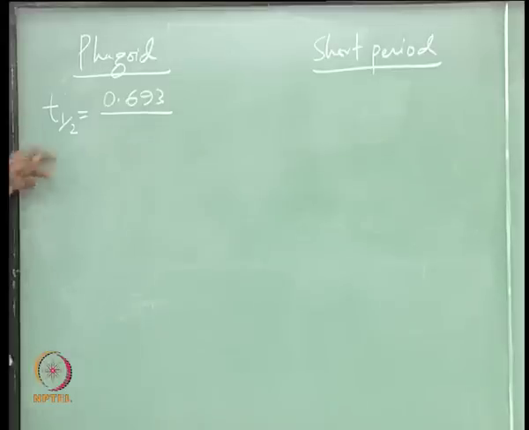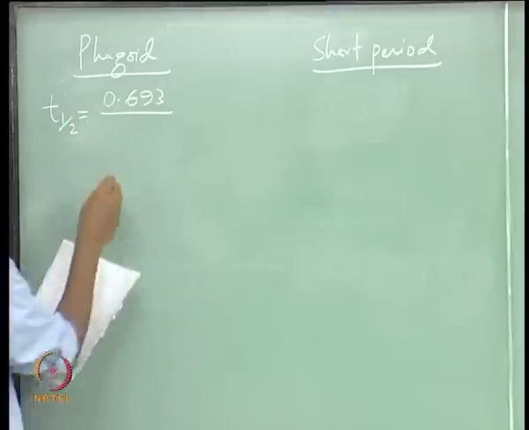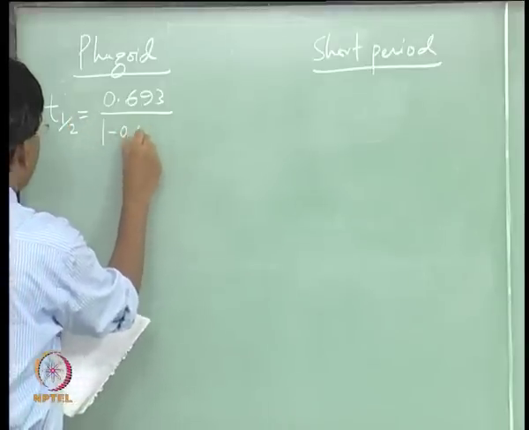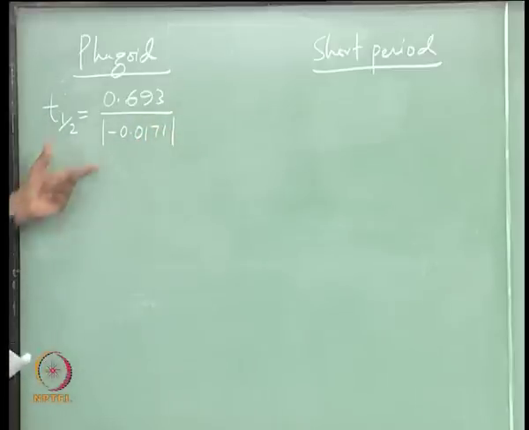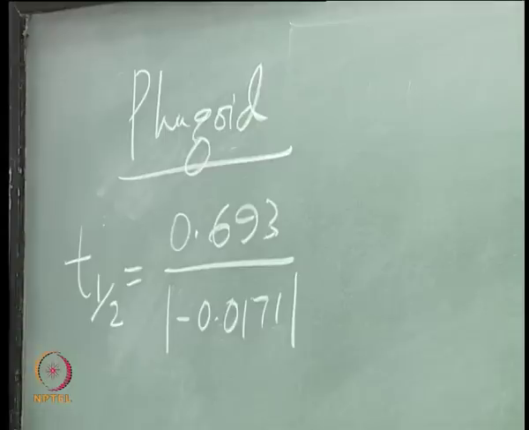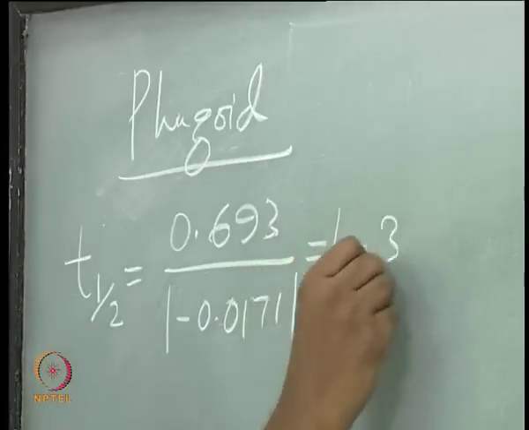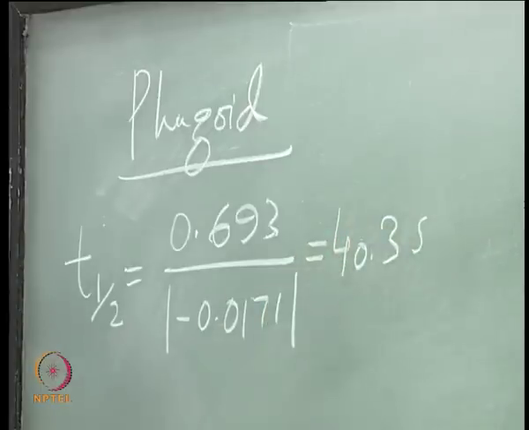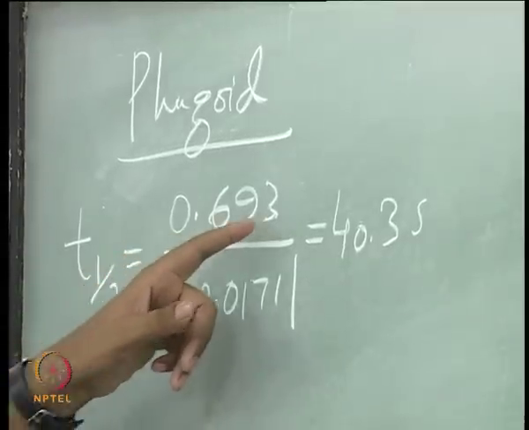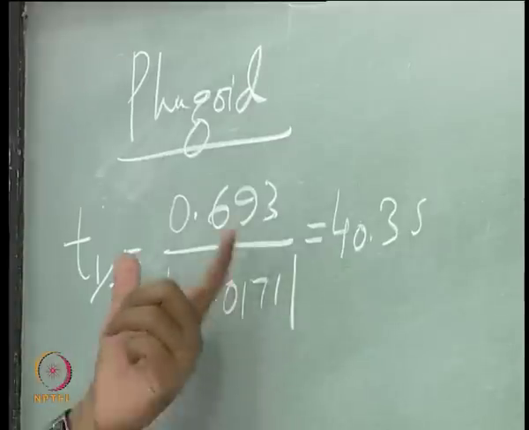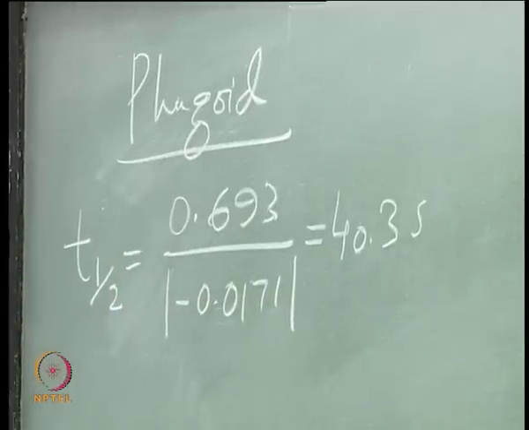Time to half the amplitude is equal to 0.693 over the real part of the eigenvalue.